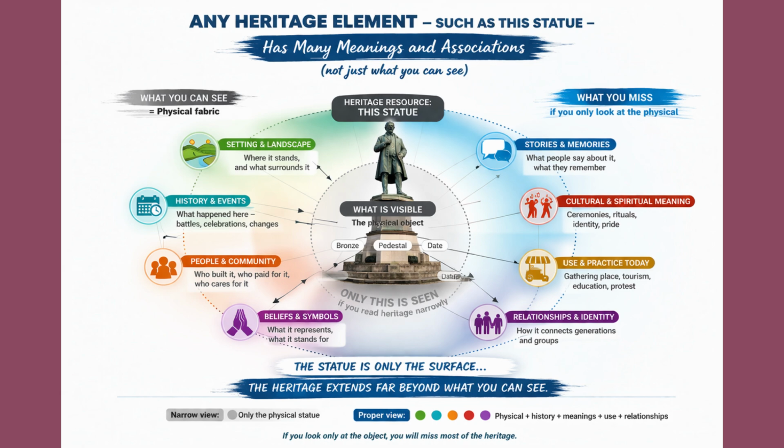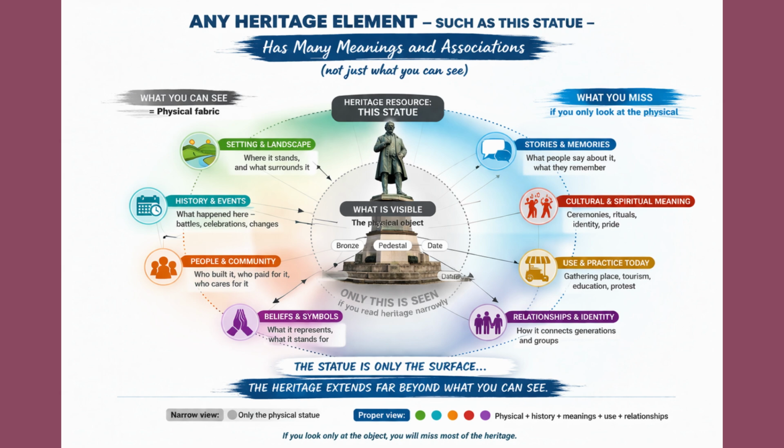So the Act, through the definitions, expands our scope of understanding, particularly through the definition of cultural significance. Through the definition of cultural significance, the Act requires heritage to be understood beyond the physical.